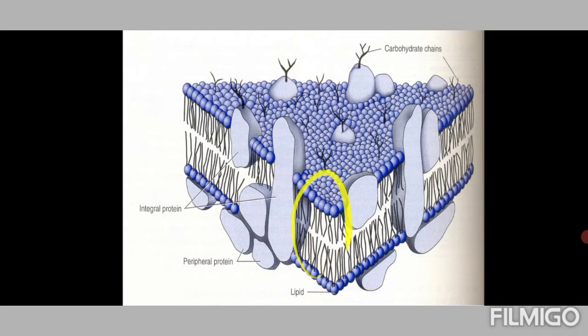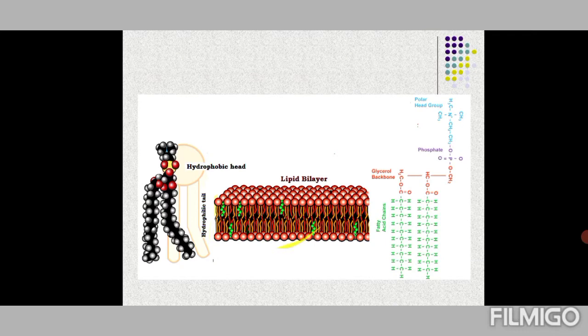As we can see here, in the double membrane, this is phospholipid, along with proteins, cholesterol and monoacylglycerols. This is the lipid bilayer, and this figure represents a phospholipid with a hydrophilic head and a hydrophobic tail.